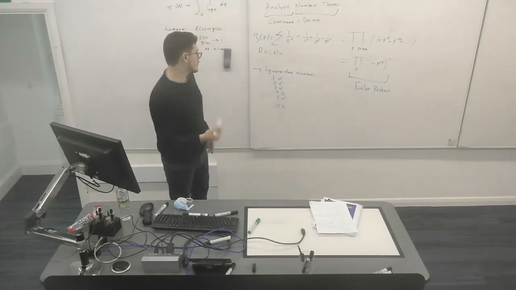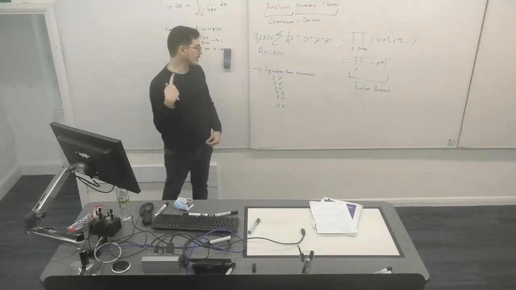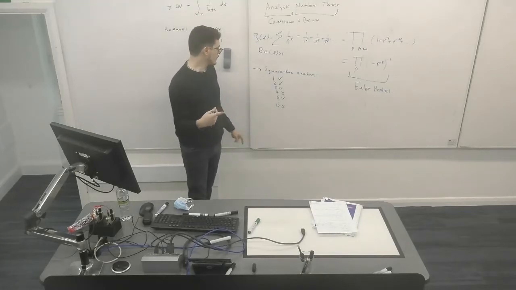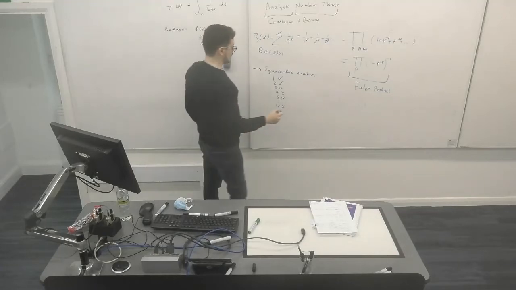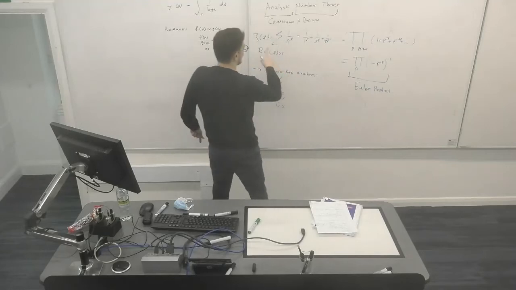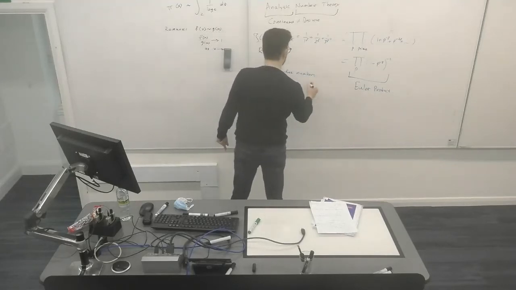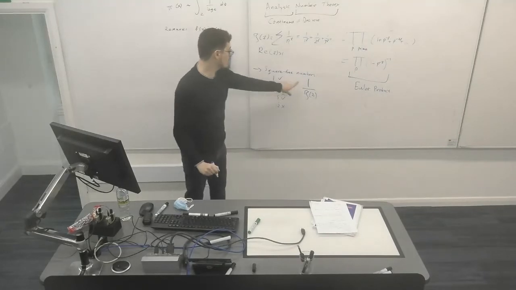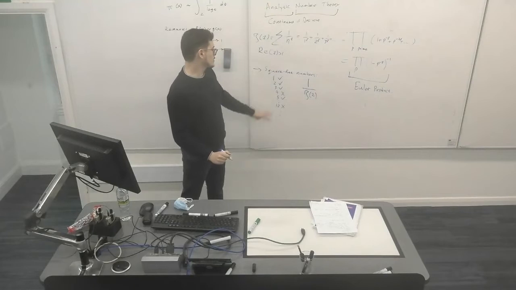And the question is, if I choose one natural number at random, what's the probability that it is square free? The answer, because of this equation, and I'm not going to do the exact calculation, turns out to be 1 over zeta(2).